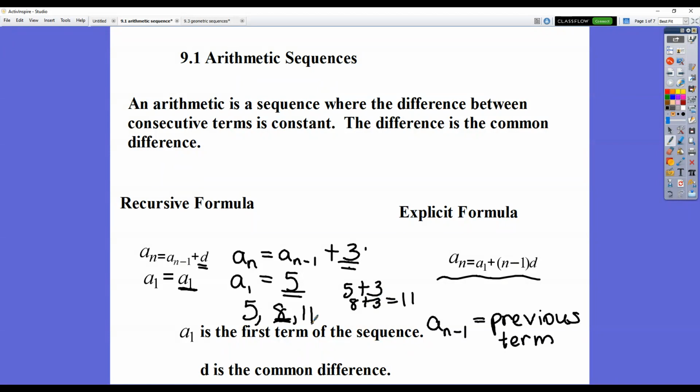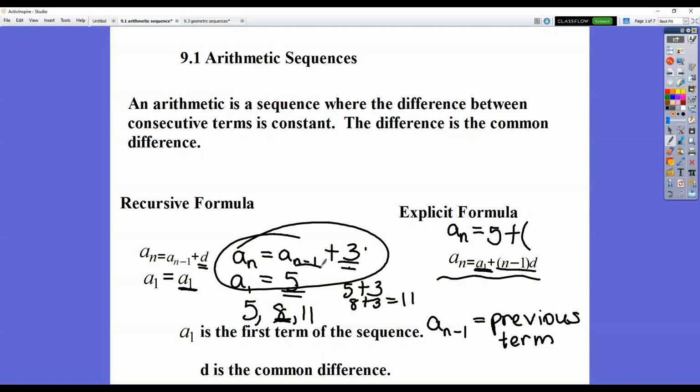For an explicit formula, you plug in what the first term is, so A sub 1. If I'm using this sequence, I can write an explicit formula. A sub n equals, my first term is 5, so I write 5 plus, this is kind of like A sub n minus 1, so we just write n minus 1, and then our common difference is 3.